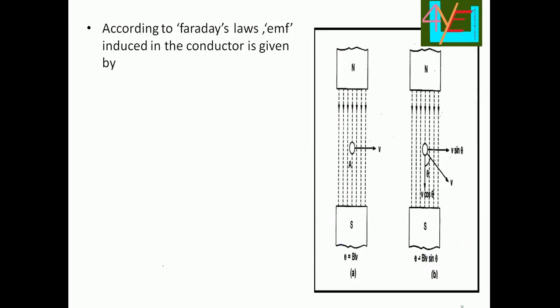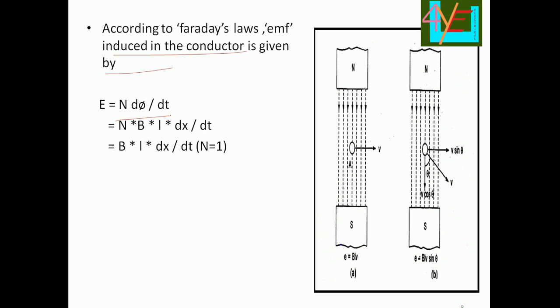According to Faraday's law, the EMF induced in a conductor is given by N d phi by dt, which is equal to N B l dx by dt. Considering the number of conductors as 1, that is equal to B l dx by dt, which is B l v volts.